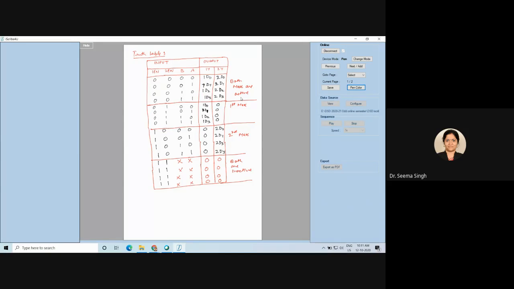Okay. Now, did I give you homework of designing a 16:1 mux using 8:1 mux? I have not given, I guess. Okay. So I want you to make a 16:1 mux using 8:1 mux. You can keep that as homework because we will do the designing part here.